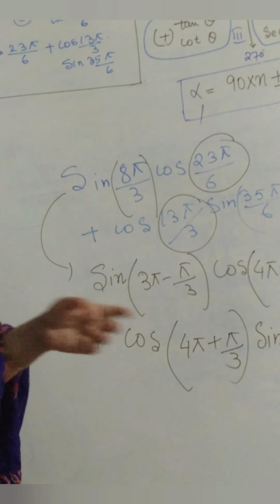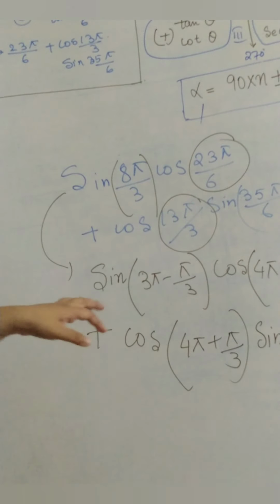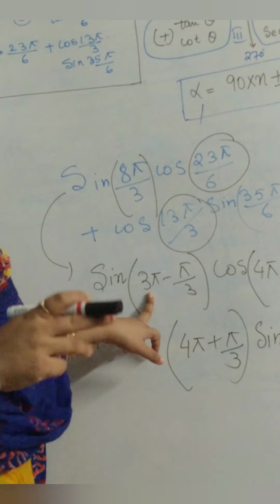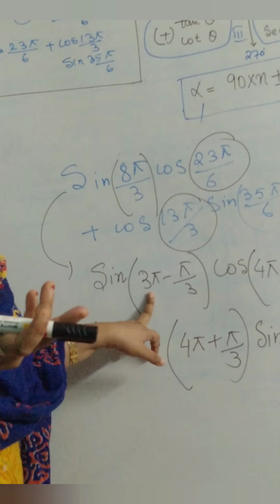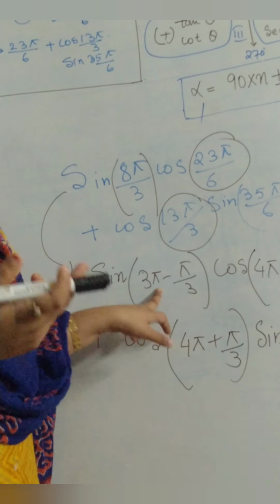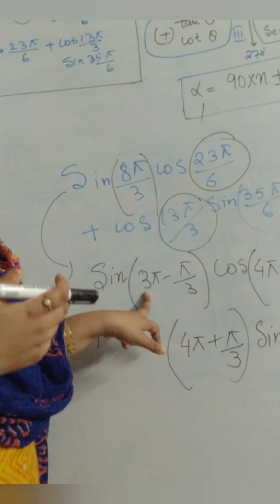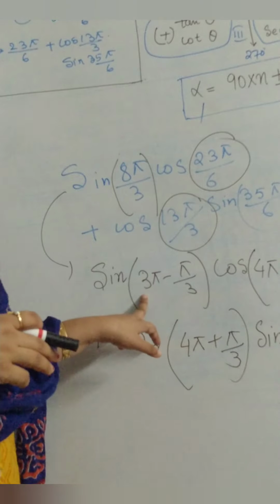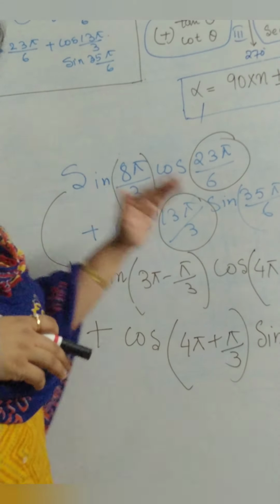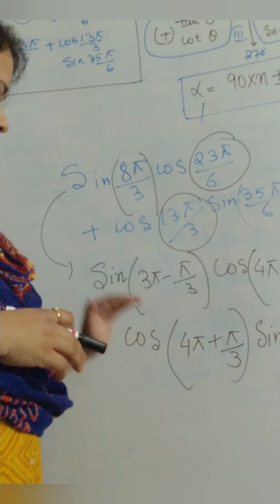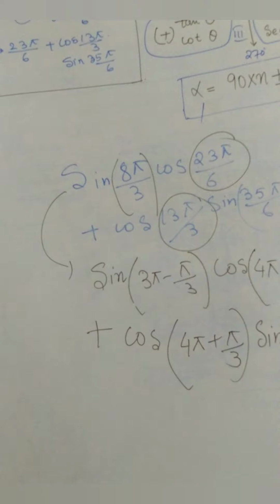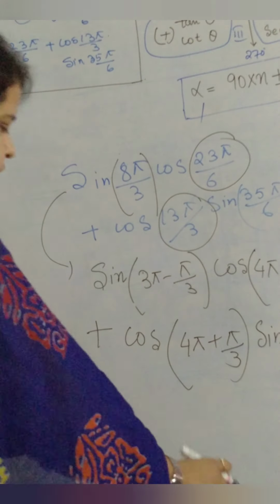Now I hope you can convert it well. 3 pi minus pi by 3, this is an even multiple, means, yes, definitely you will say 3 is not an even number, ma'am, but yes, definitely 180, that means 19 pi by 6 it will be coming, so sine will remain sine only, cos will remain cos. So I need not think about the first part, that is, in which form they are going to change.